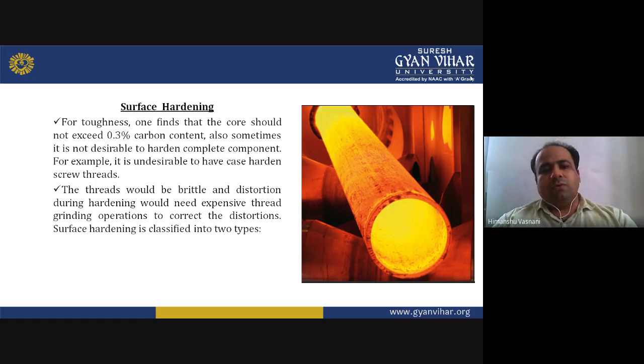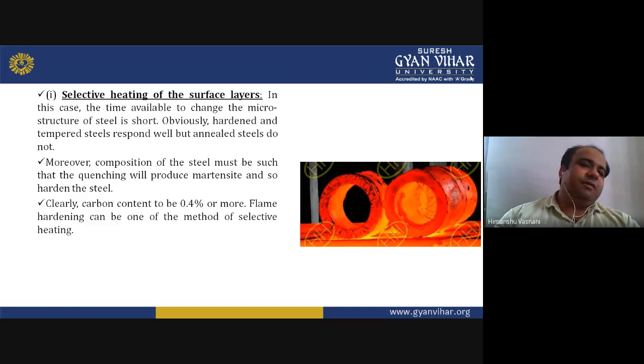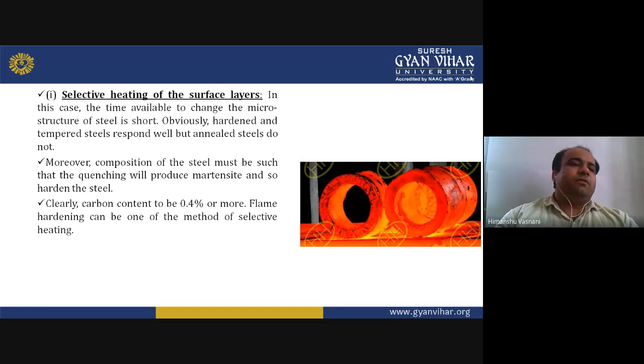Surface hardening is classified into two types. The first is selective heating of the surface layer. Whatever heat treatment processes we are studying are the result of past experiences.